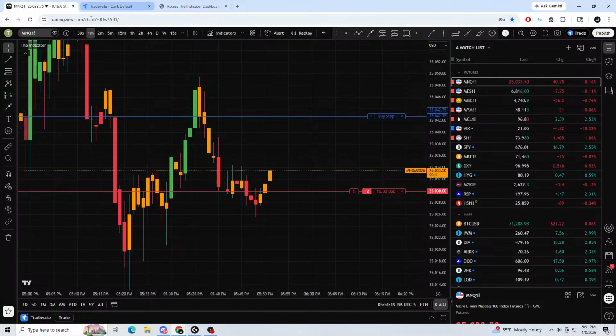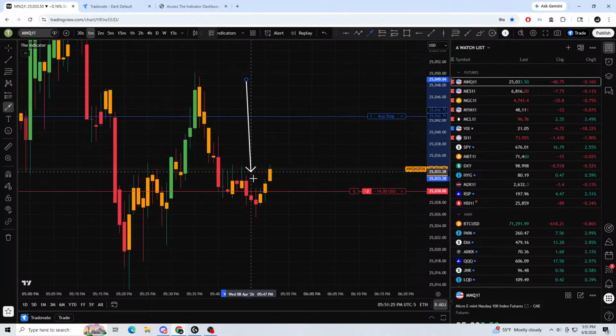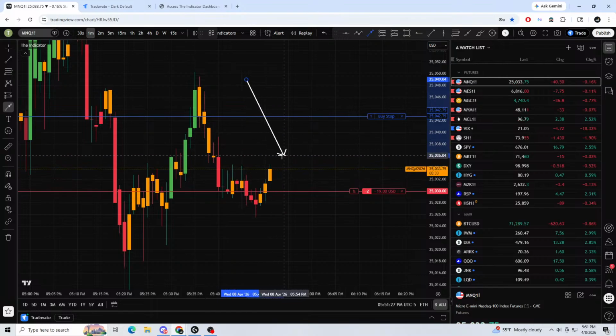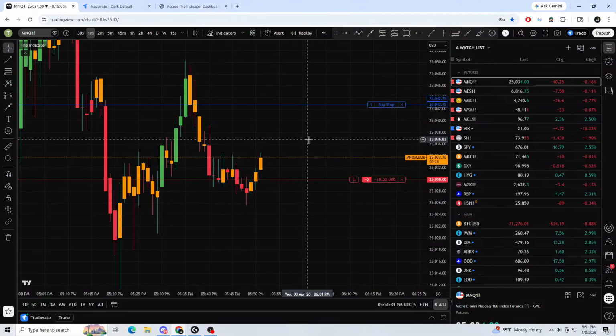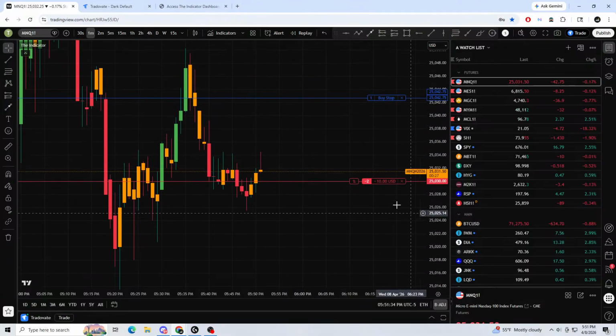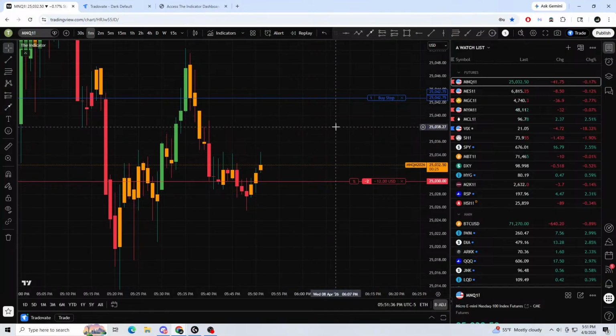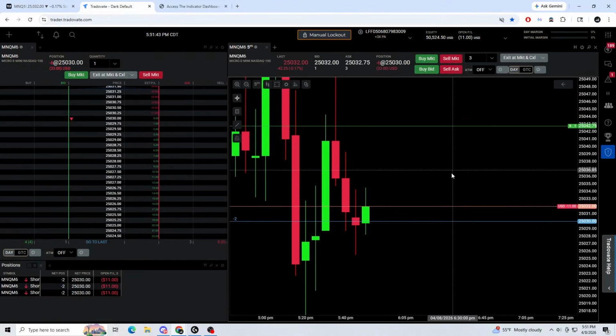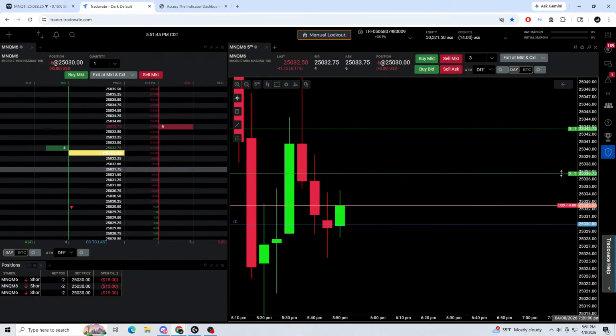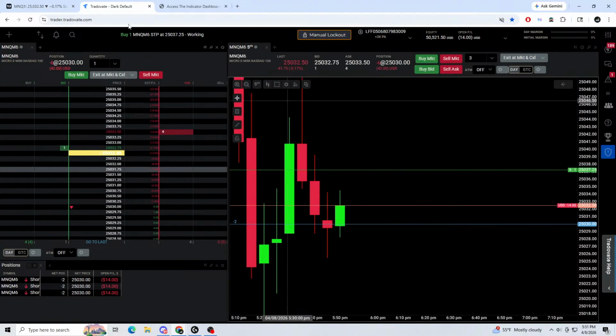It's starting to do kind of what I anticipated it could maybe do because of this action here. So looks like more consolidation. Because it's consolidating, I really don't want to risk anything extra.